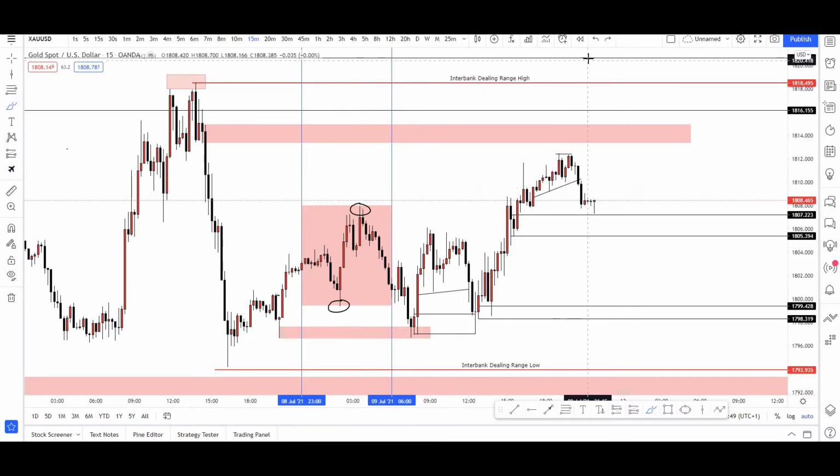Now in this case, as you can see, we not only have the Asian high, we also have Asian high plus relative equal highs, right? Retail traders like this price to sell, so the algorithm likes this price to target it and grab the liquidity sitting above it.